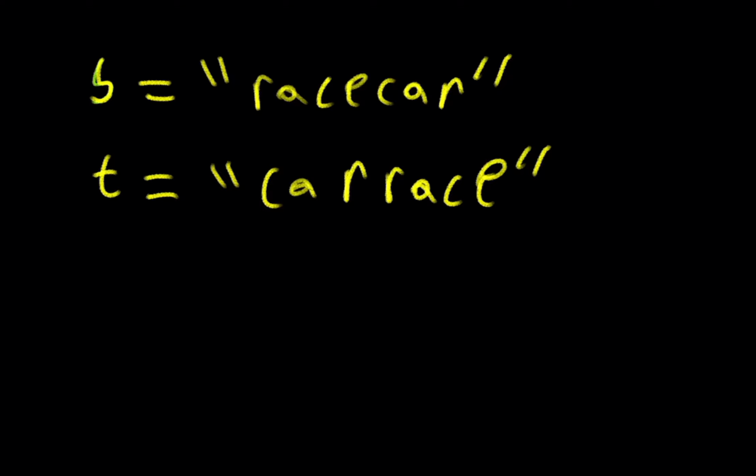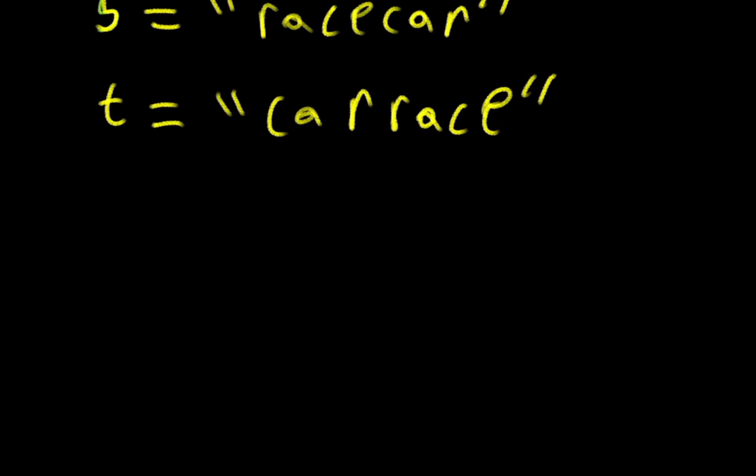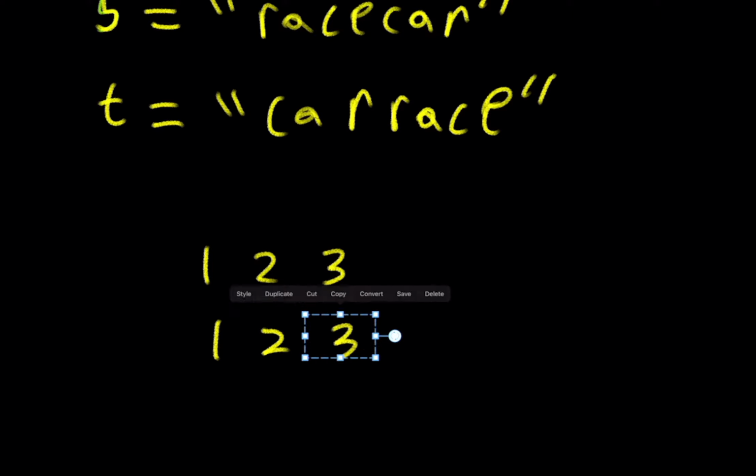So if we sort them, they'll be the same because we're sorting them. So if we had something like 1, 2, 3, and 3, 2, 1, we just sort this, and they're exactly the same.